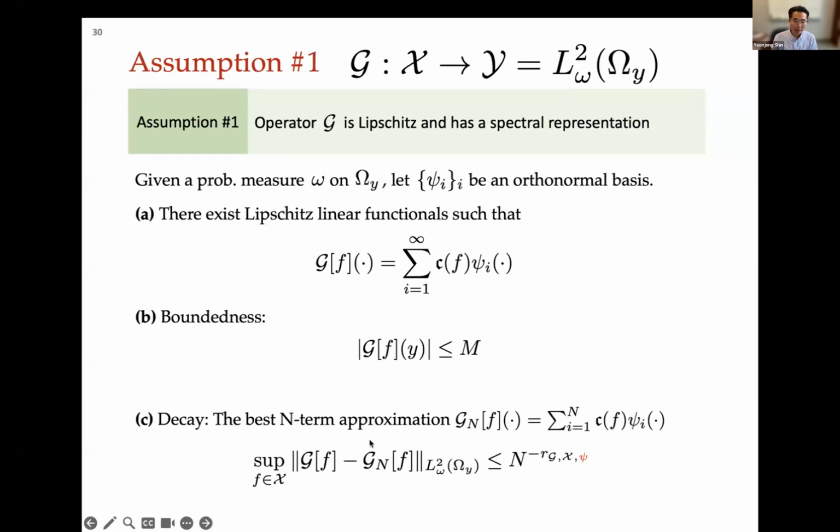The best n-term approximation error decays with this rate over the entire space. This is a fairly reasonable assumption, but the key part is the rate of convergence, depending on which basis we are taking. So that is the number one assumption.